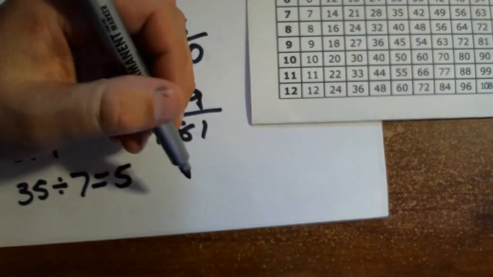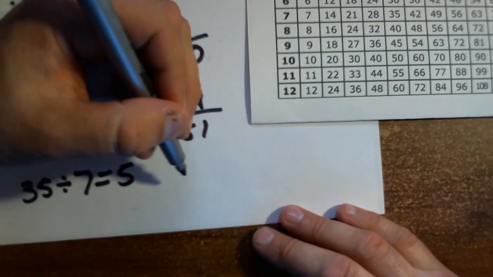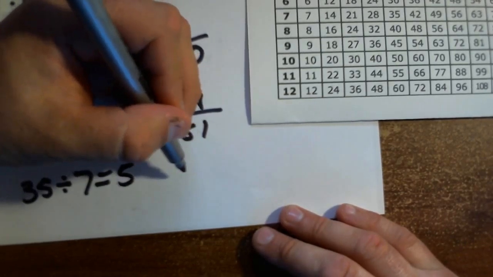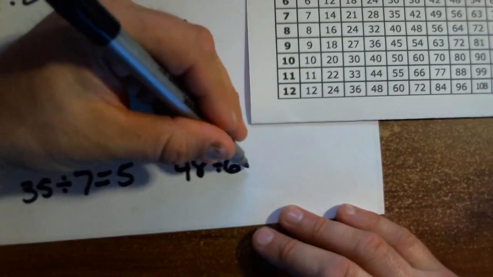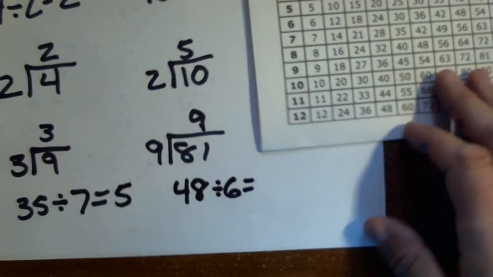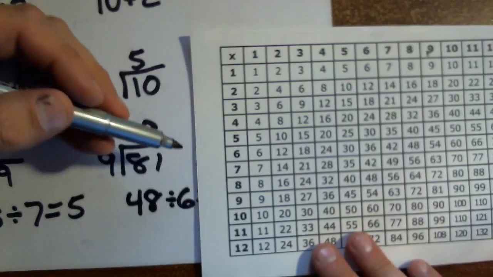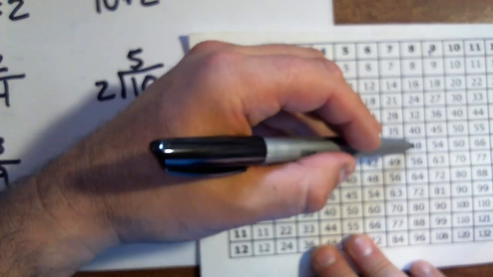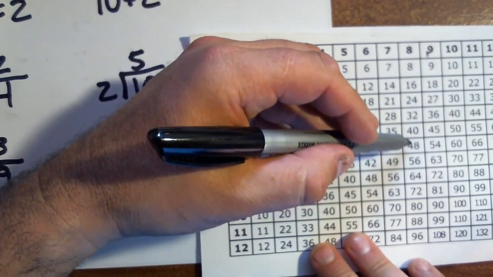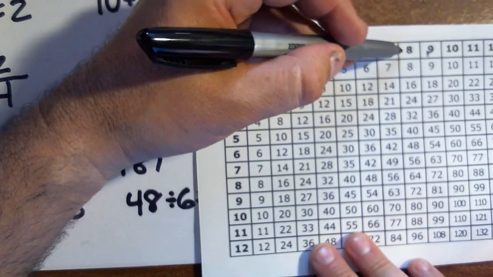So let's try 48 divided by 6. Okay. There's my 6. Here, let's bring this down. There's my 6. I'm going to go over. There's 48. I'll come straight up. There's 8.